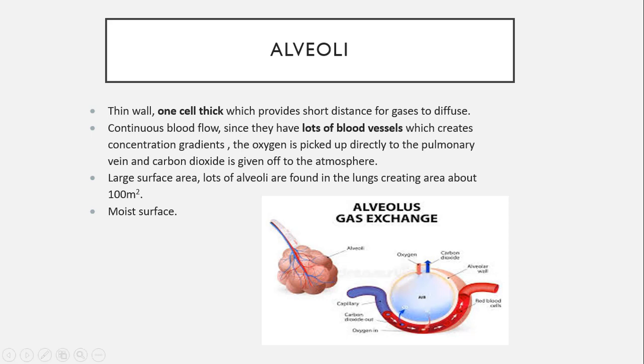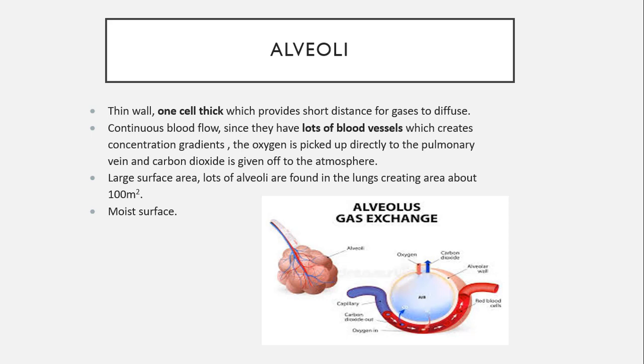So here is the alveolus. As you see, here is the blood supply. Here we have many capillaries surrounding the alveolus for efficient gaseous exchange at cellular level. We said capillaries link between arteries and veins for gaseous exchange. As you see here, the capillaries take in oxygen, going to the heart, because oxygen is higher in the alveolus than in the blood, so it diffuses according to its concentration gradient.